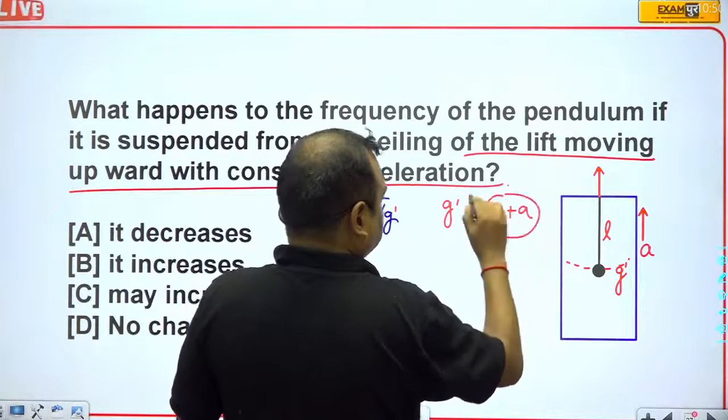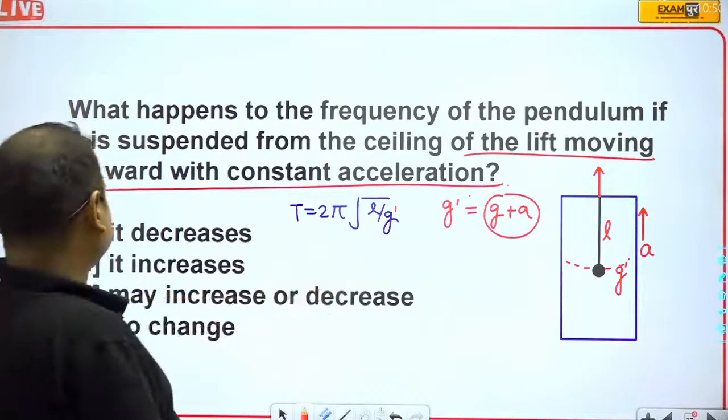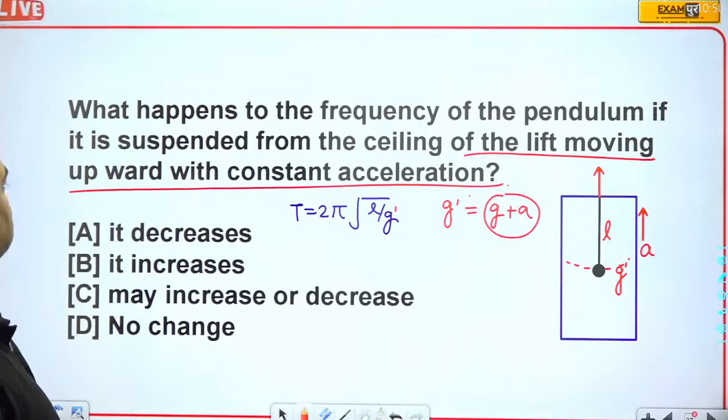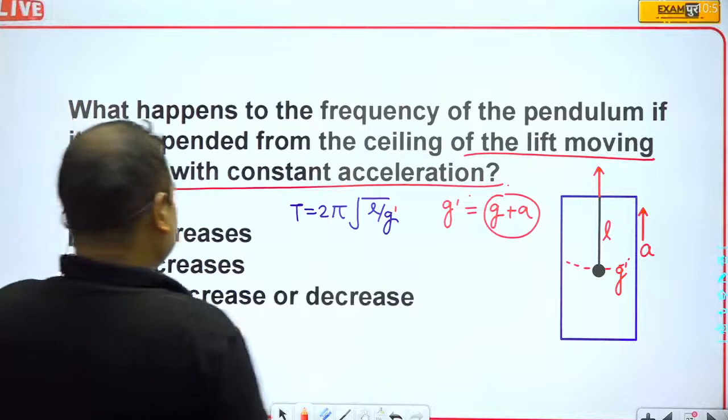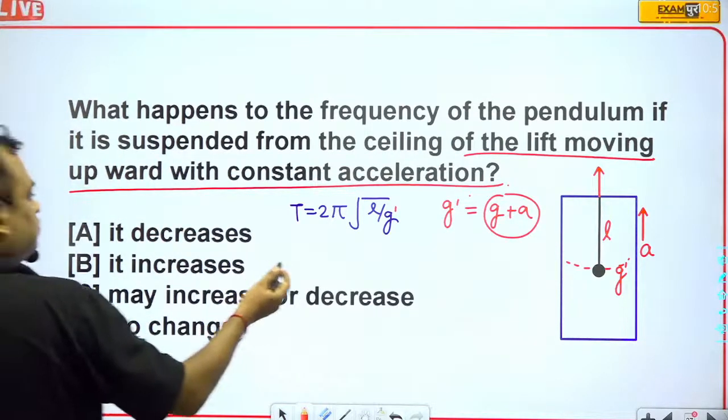G plus a. If a is constant, then what happens to the frequency of the pendulum suspended from the ceiling of the lift moving vertically upward with constant acceleration? Obviously, no change.